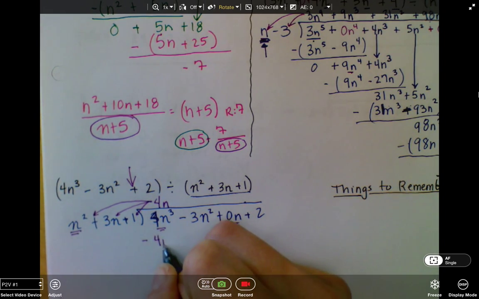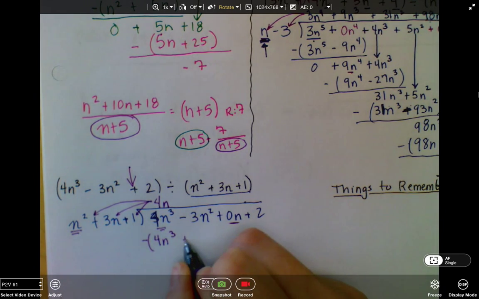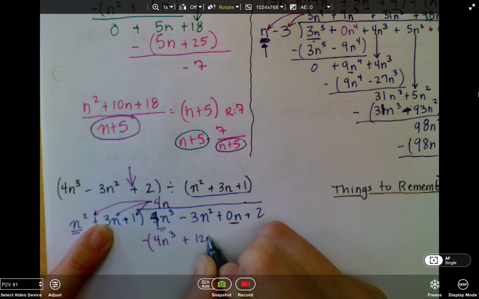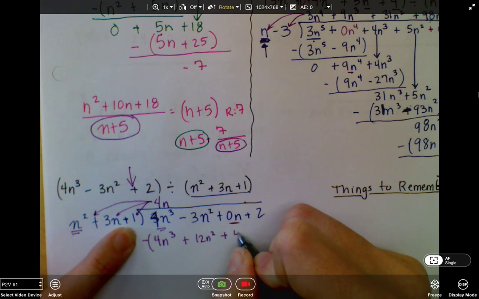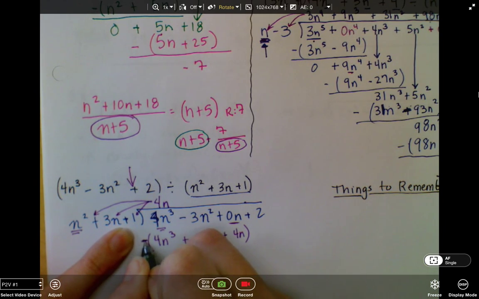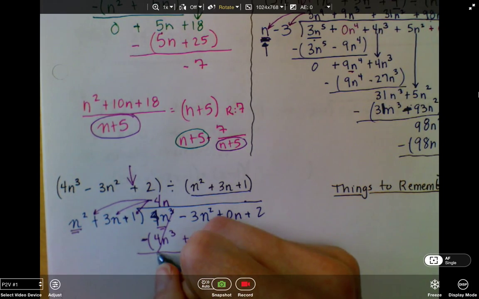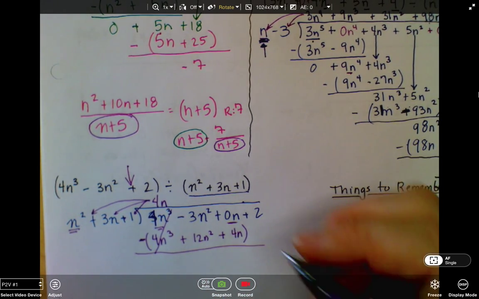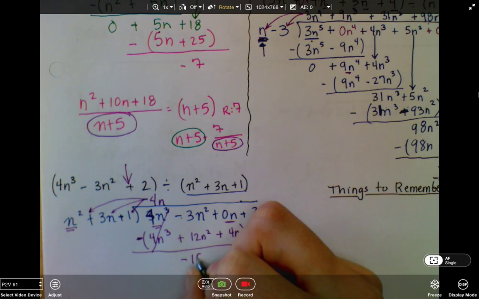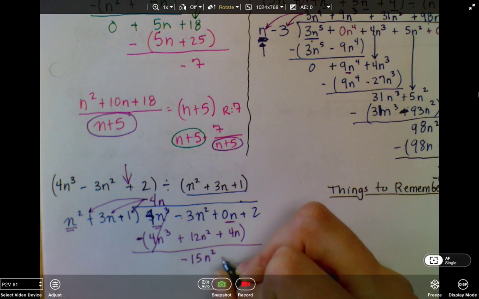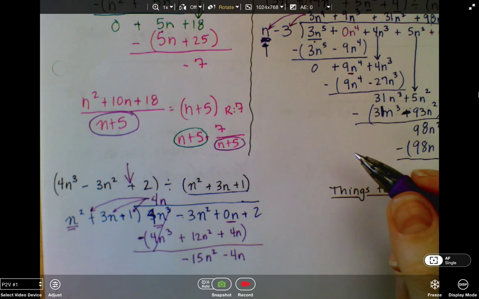That's going to give me minus 4n cubed, and then plus 12n squared, and then plus 4n. And this minus is because we're subtracting the whole quantity from each other. This is going to go to 0. We designed it to do that, so it should. Negative 3 minus positive 12 gives us negative 15n squared. 0 minus 4 gives us minus 4n.